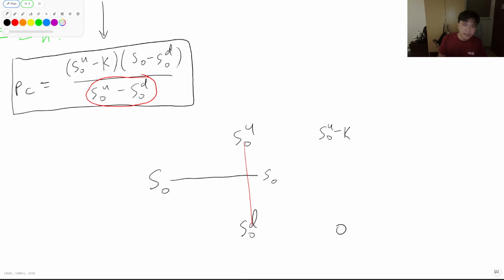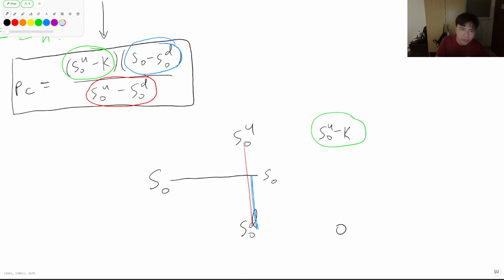And then what do we see here? We see that the purple part, S naught minus S naught D, is the market price for it now minus the downtick, so there's this difference over here. And S naught U minus K, that's the value of the call option here.